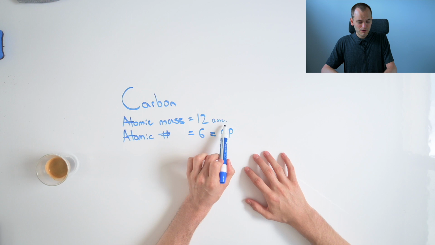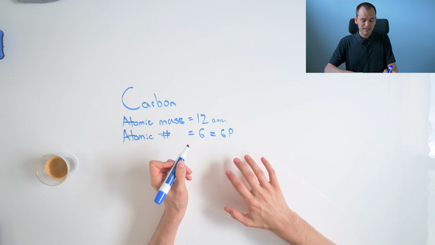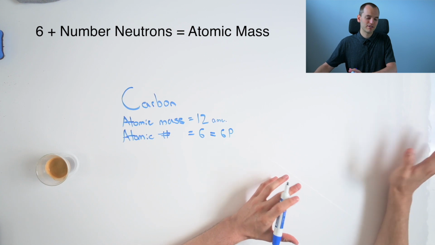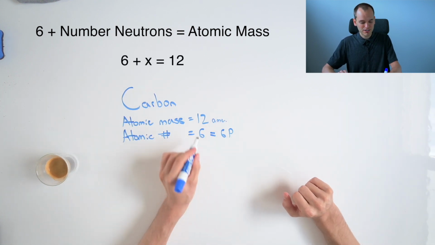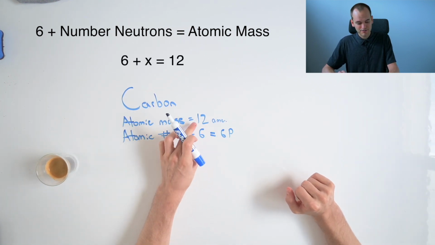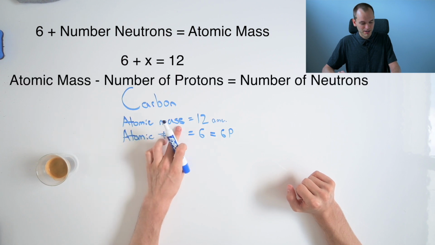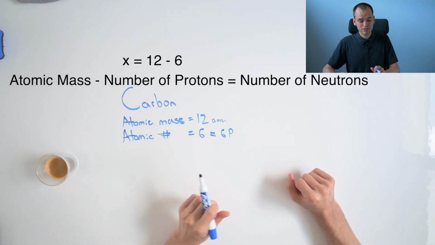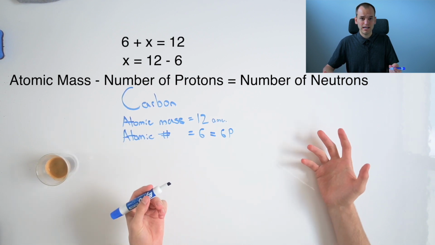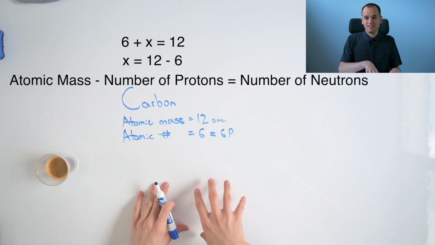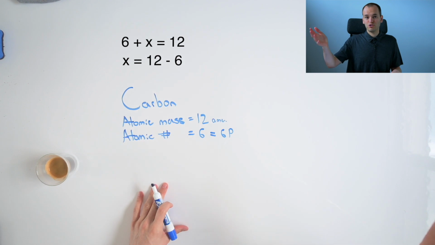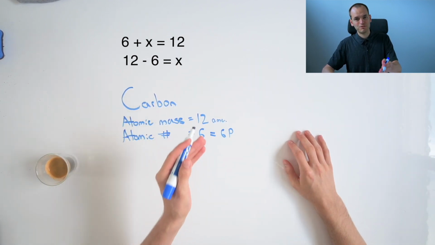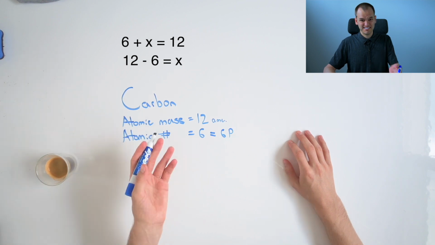If each proton weighs 1, then 6 plus the number of neutrons must equal 12. If you rearrange that equation a little bit, you will have the atomic mass minus the number of protons equals the number of neutrons, or if you really like algebra, then it's 6 plus x equals 12. X has to be 6, or 12 minus 6 is 6.